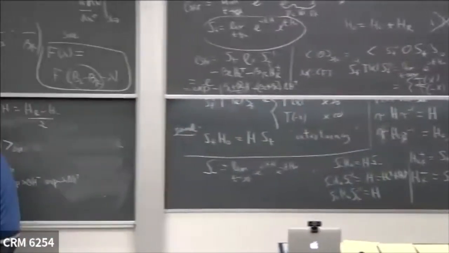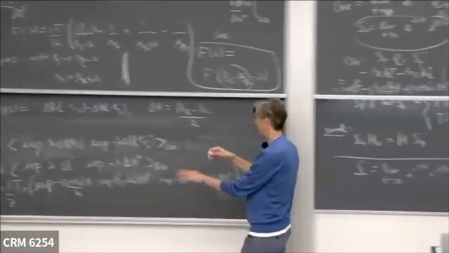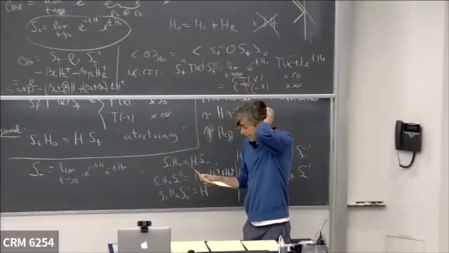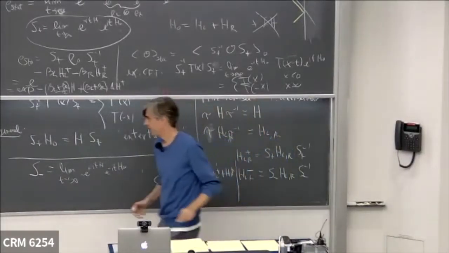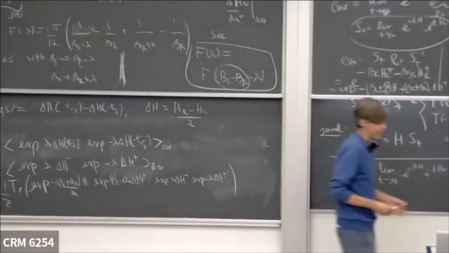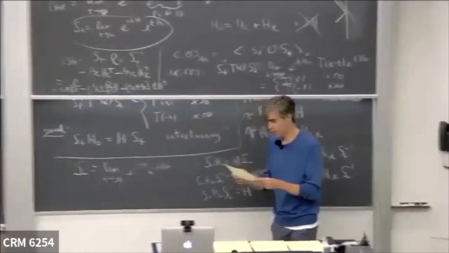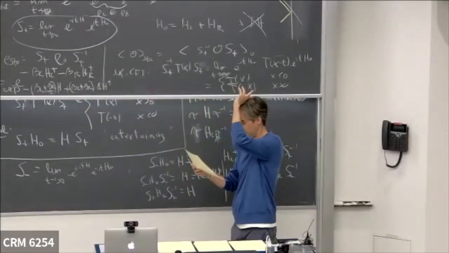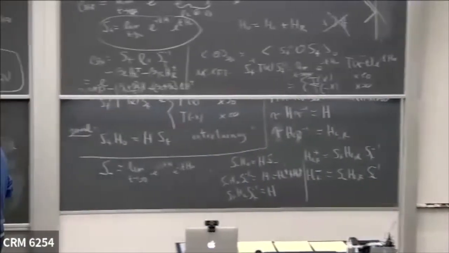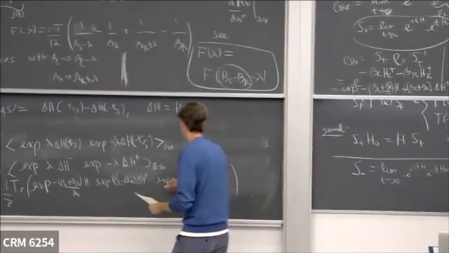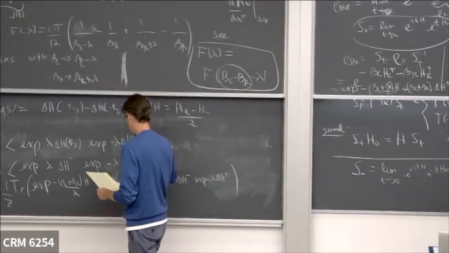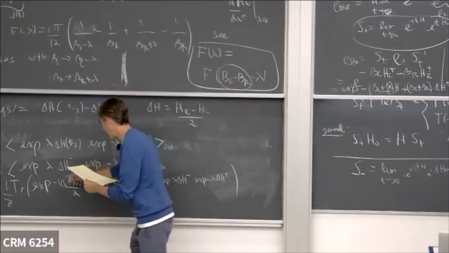So this is the expression now in terms of these H plus, H minus, and all this. And then what I want to do is simply apply the time reversal symmetry. So first of all, this delta H plus, I can bring to the other side.